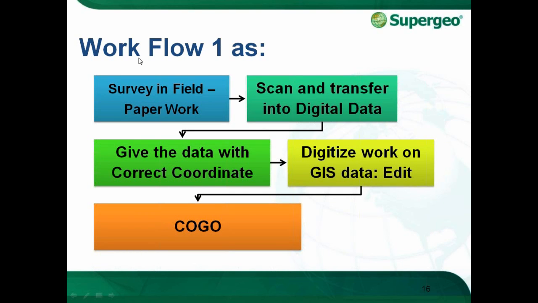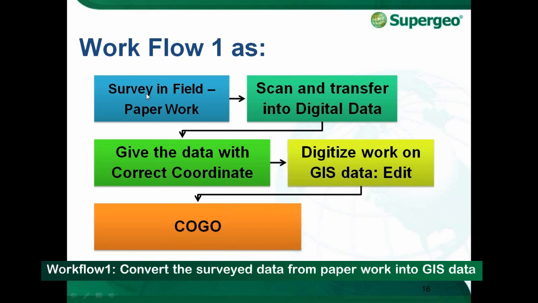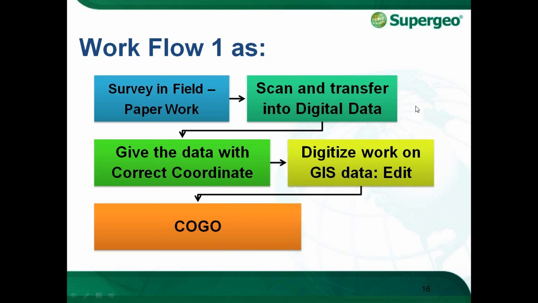I would say the workflow is this: maybe you complete a survey work, but it's based on paperwork. Then you need to scan it and transfer it into digital data like TIFF or JPEG, and give the data the correct coordinate. The function or tool we use here is called the Georeferencing Tool, directly in our SuperGIS Data.